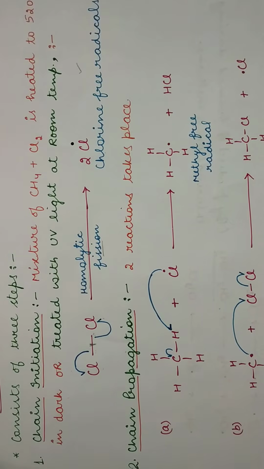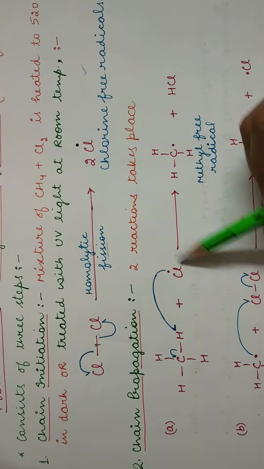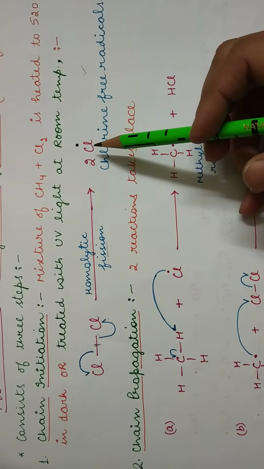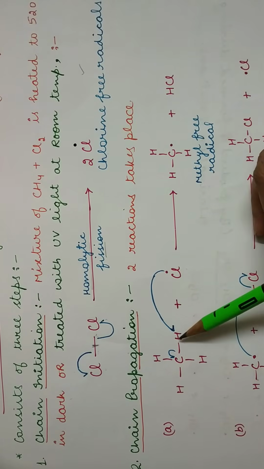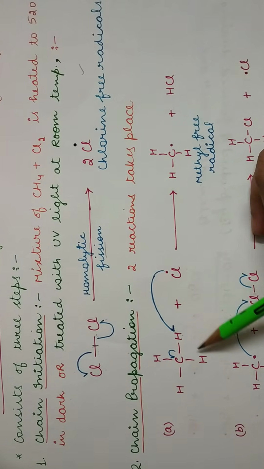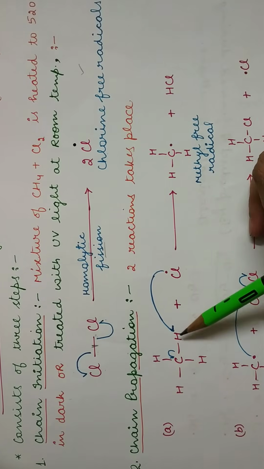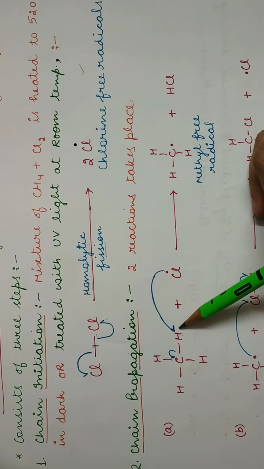There are two important reactions that take place. There was the free radical formed in the first step, the chain initiation step. Now this chlorine free radical will attack any one of the hydrogen atoms of the methane. This is the methane molecule, and this hydrogen atom will be attacked by the chlorine free radical.